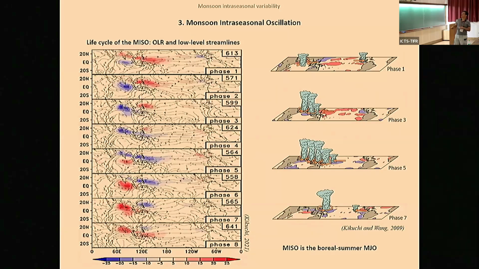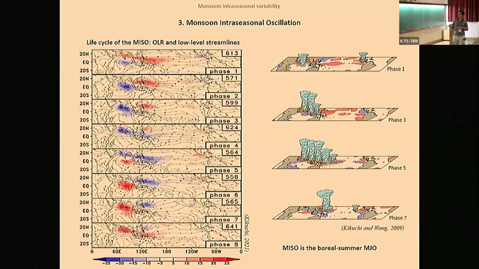And so it's about 40 days in period, so every phase is about 5 days long. And you have essentially initiation in the equatorial Indian Ocean, and then a propagation northward as a northwest, southeast elongated band of convection.